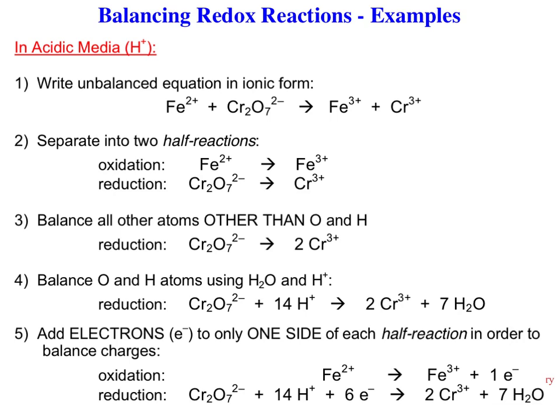So again, I've got to add my 2 chromiums. I can now go ahead and balance my oxygens and hydrogens by adding water and H pluses. And then I'm going to add my electrons so that I make sure that I account for the oxidation and the reduction of each of my individual atoms in solution.